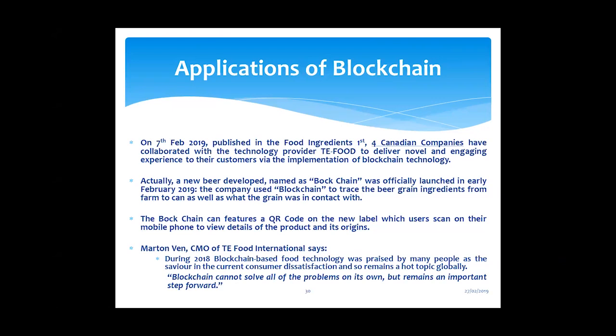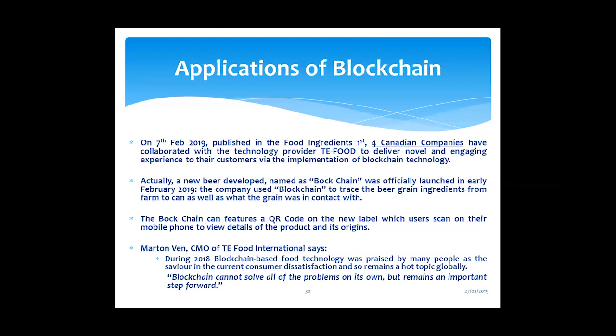The company used blockchain to trace beer grain ingredients from farm to can, as well as what the grain was in contact with. So in that case, they had all the information about the cultivation of the grain and all the steps throughout the production chain.